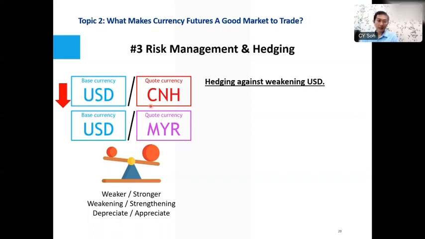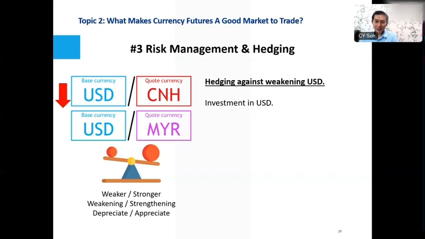And similarly, for us, we have US dollar against Ringgit Malaysia. So if you have investments in US dollar, we do like the US dollar to strengthen, because when you convert back, you're able to exchange for more ringgit.